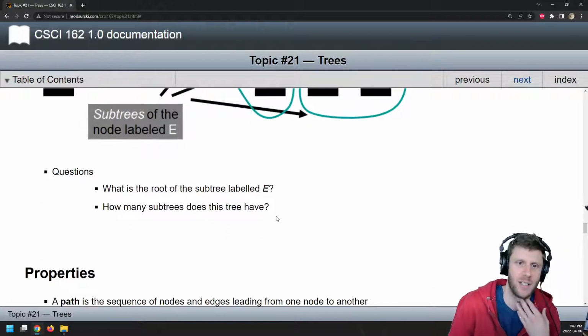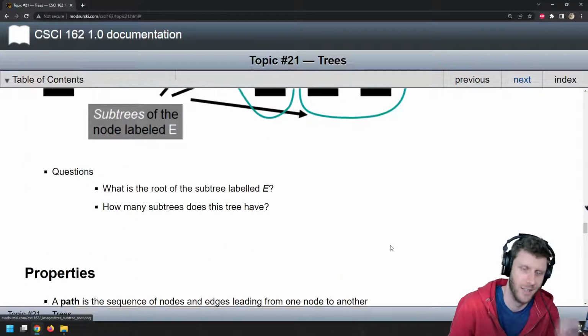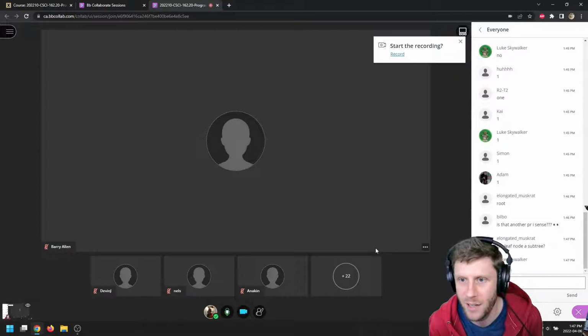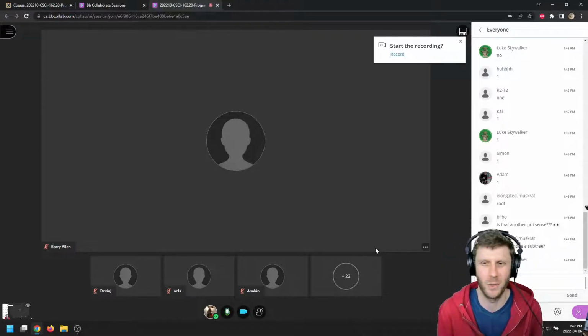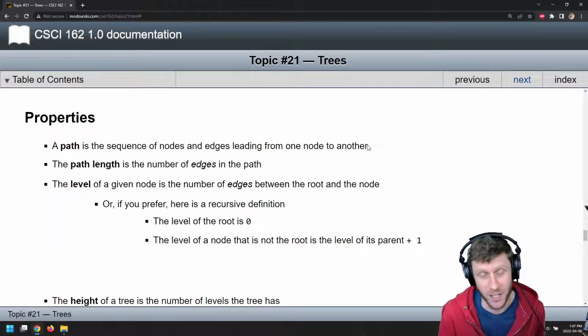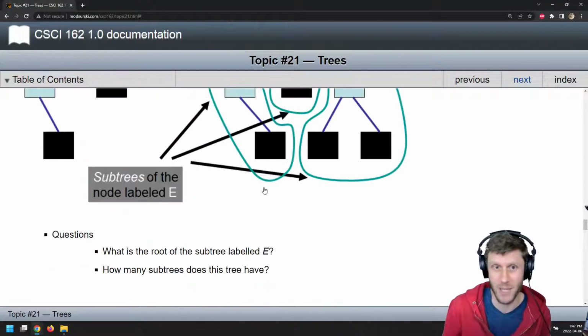How many subtrees does this tree have? 1, 2, 3. Is a leaf node a subtree? Yes. And here's the thing. By definition, a tree could be empty.